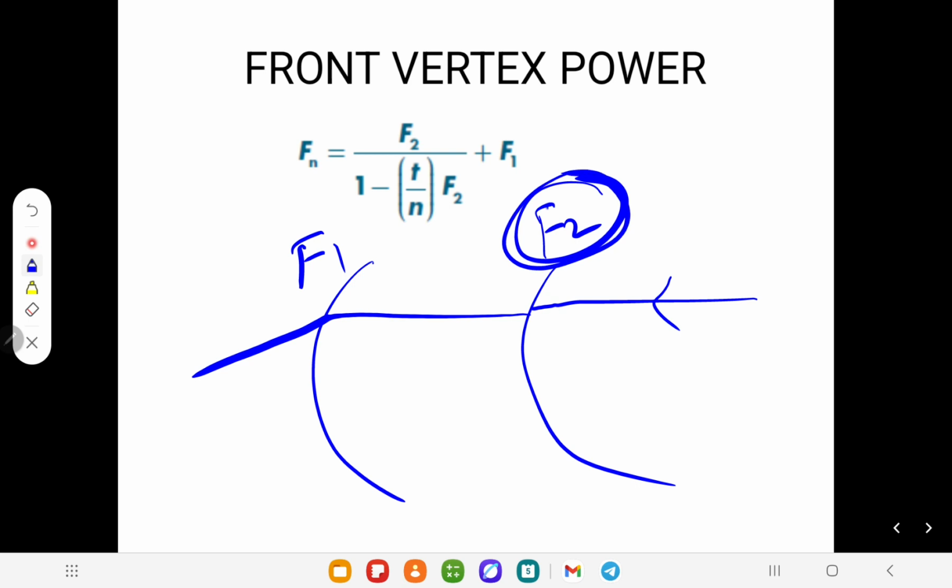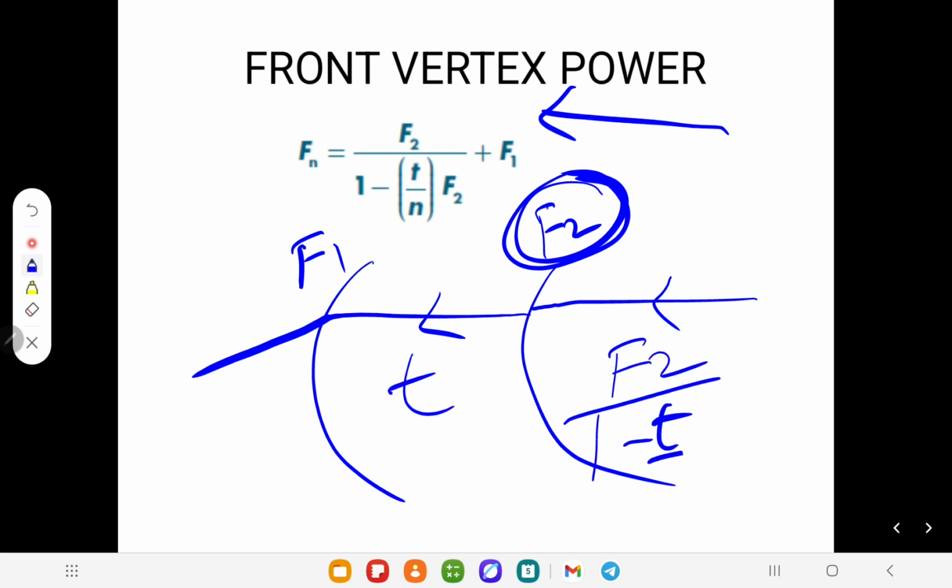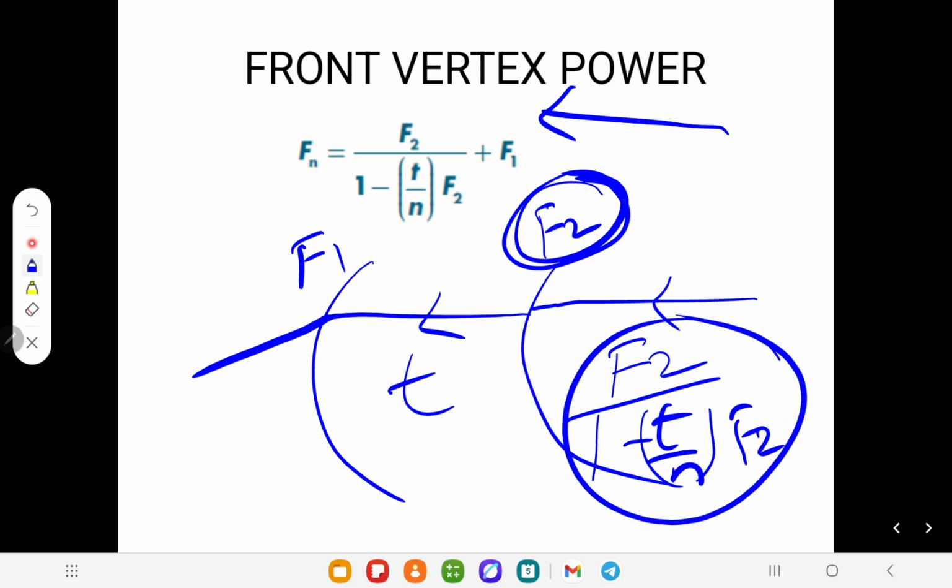For the downstream vergence of the back surface, light must travel in the opposite direction, and I have told you this is the direction of light. Then we get F2 divided by 1 minus t by n F2. What do you mean by that? The downstream vergence of the F2 surface at the F1 surface, and then we directly add the F1 surface. Finish. That's the front vertex power.